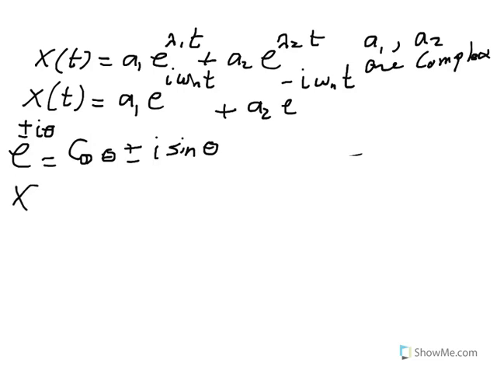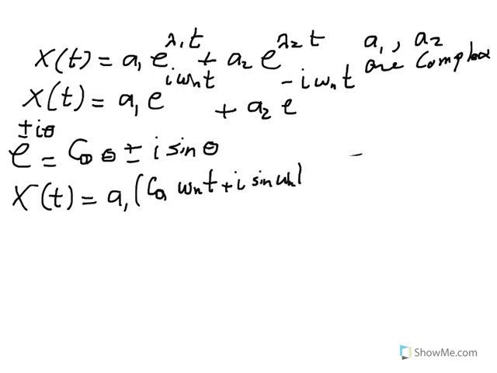So our equation now becomes a1 cosine omega n t plus i sine omega n t. And similarly, with the negative exponent here, a2 cosine omega n t minus i sine omega n t, parenthesis closed.